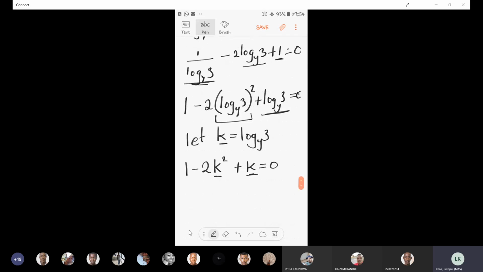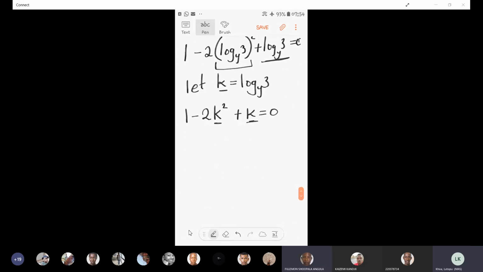Now with the quadratic equation, what you want to do is write it in standard form. Usually you want your coefficient of k squared, whatever is being squared, to be positive.